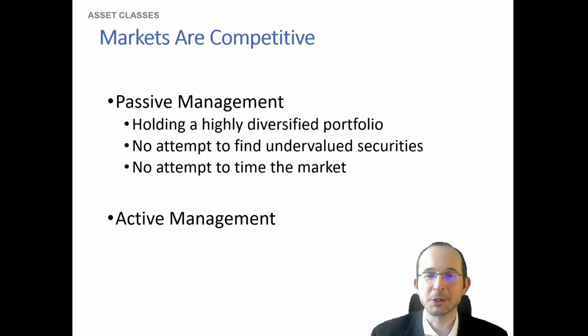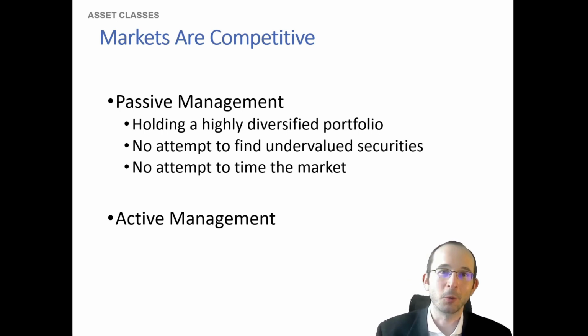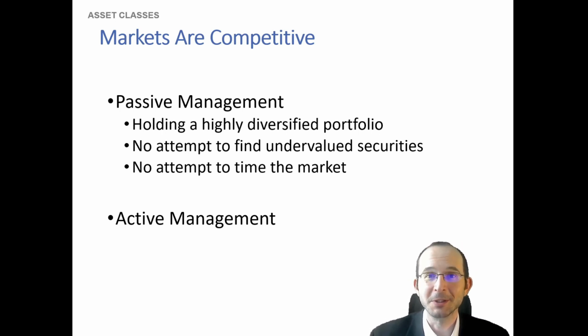You won't really try to find undervalued securities. The highly diversified portfolio you hold will often be an ETF or index fund that literally holds all the securities within a certain population. And you won't really attempt to enter and exit to time the market. You will just hold until your investment horizon actually arrives.